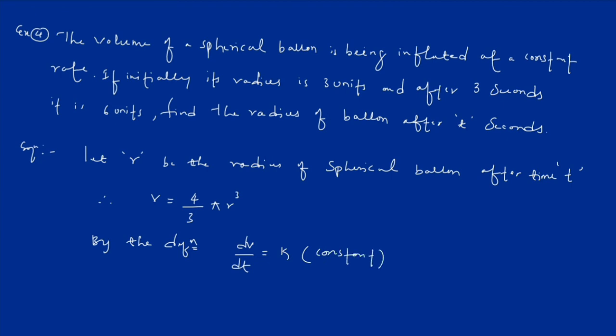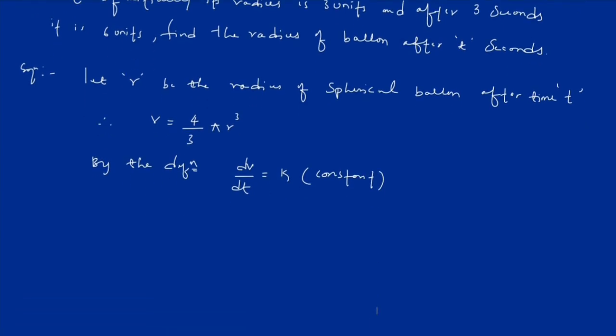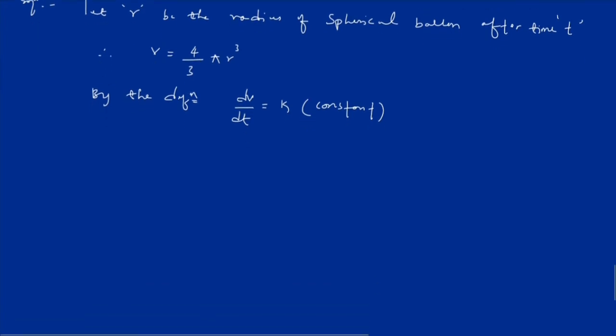Which implies d by dt of V, substituting here, 4 by 3 pi r cube, equals k.